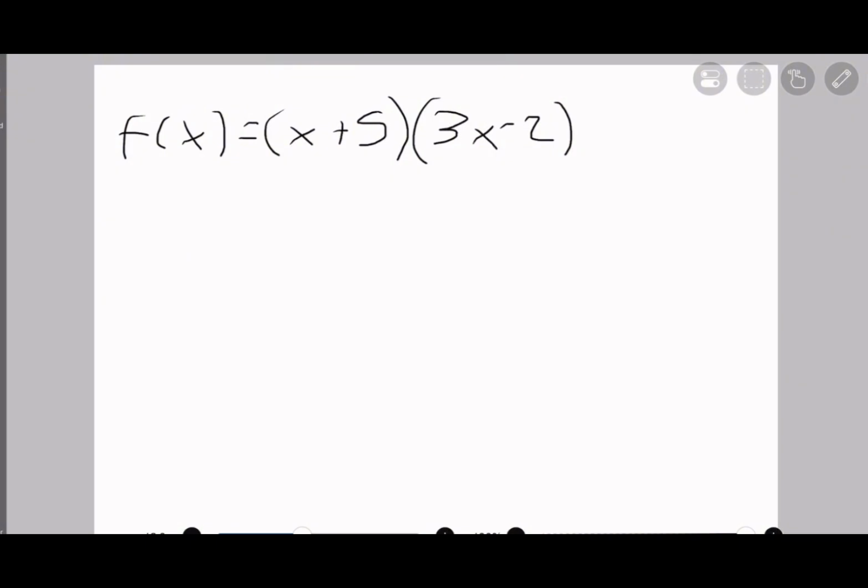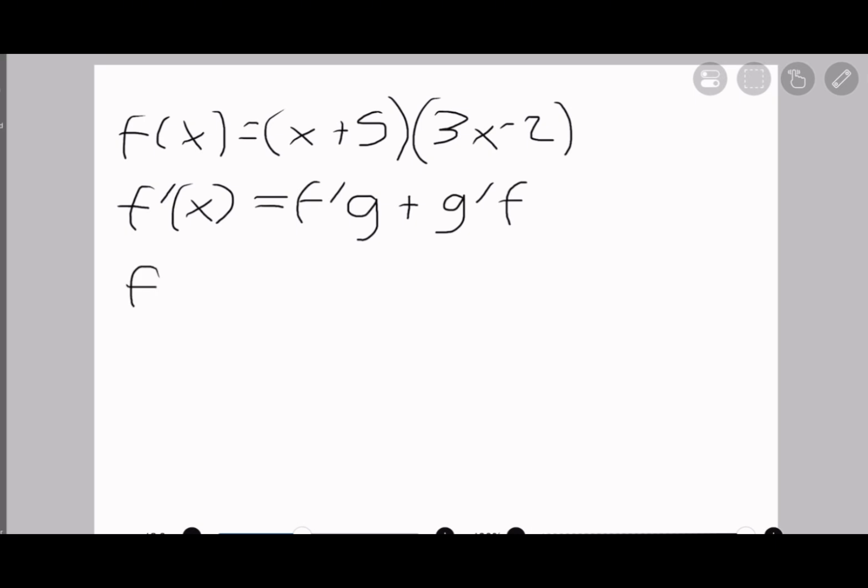So in order to find the derivative of this, we can use the product rule. I'm going to write the product rule right here as a reminder: f prime times g plus g prime times f.